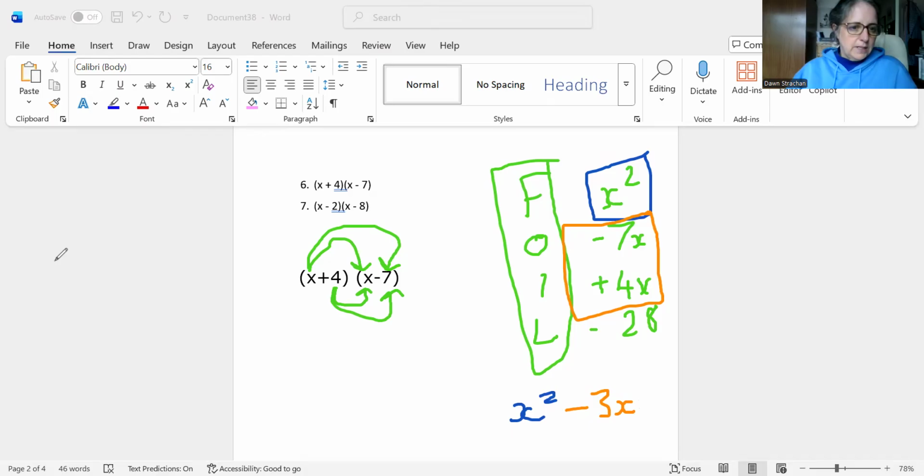And then our next one we have is, let's choose a color. Let's go red. We're left with a minus 28, so we'll pop that on the end. Okay, so that would be our answer for the first one. Let's try again with the other method.